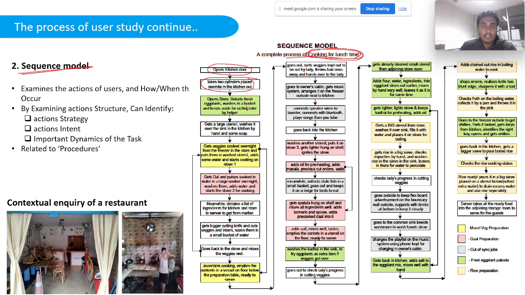So he says: takes the cylinder placed overnight, then opens the store, selects fresh eggplants, washes them in a bucket, then gets a large utensil, then selects fresh vegetables, then cooks the vegetables.